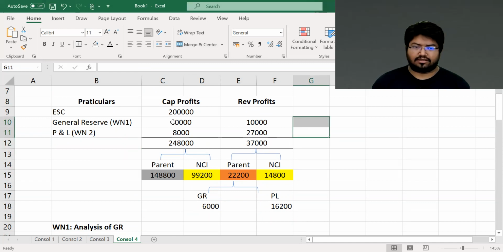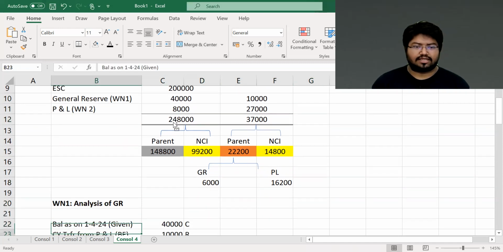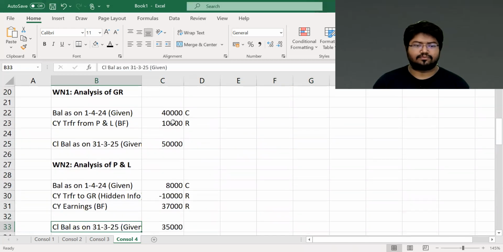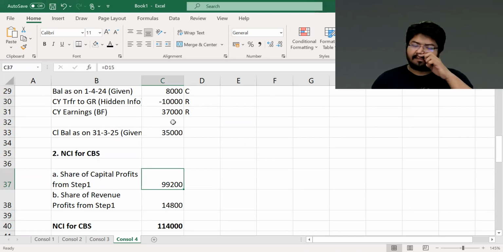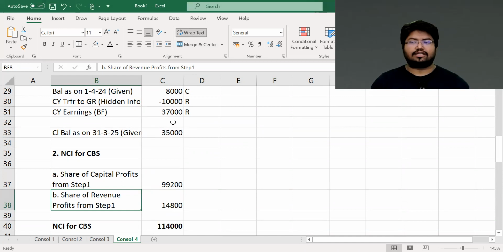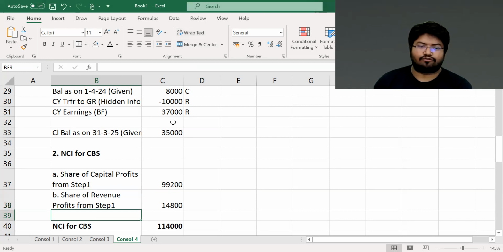So now let us go ahead to step 2. Non-controlling interest. Share of capital profits is 99,200. Share of revenue profits is 14,800. Total comes to 1,14,000.